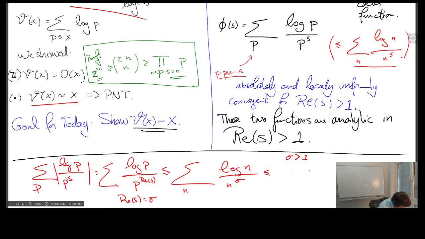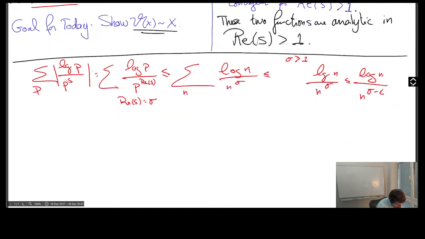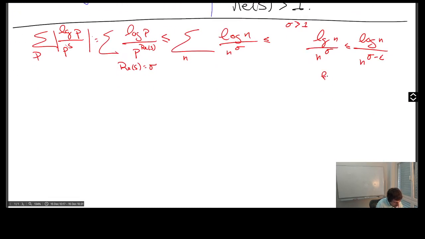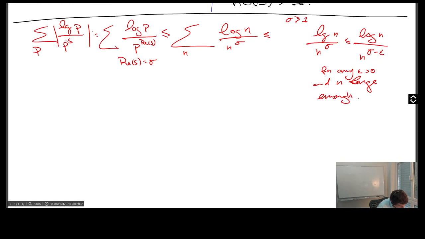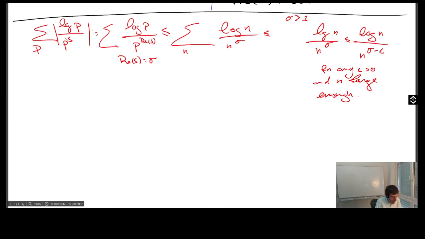One way to do this is that log n over n to the sigma is certainly smaller or equal than 1 over n to the sigma minus epsilon, for any epsilon and n large enough, because n to the power epsilon is always going to beat the log.